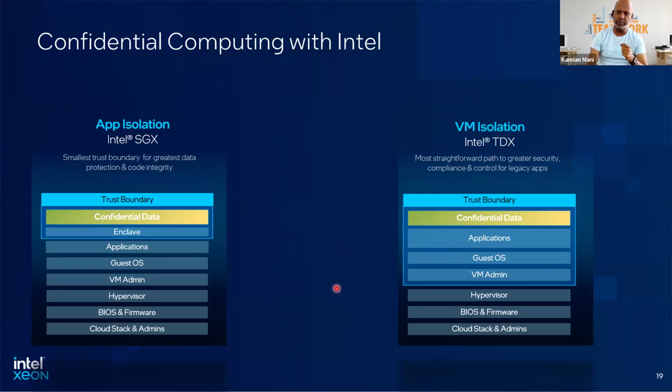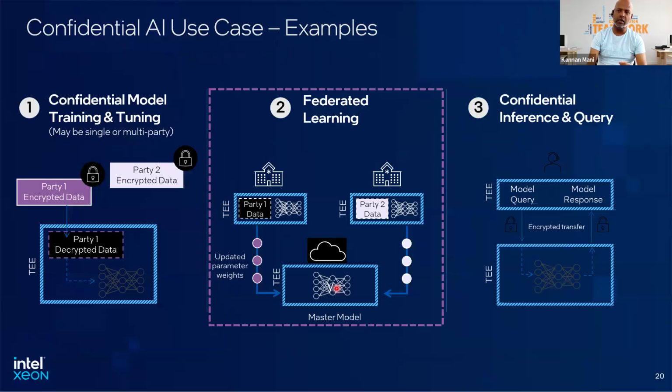Okay, there are some use cases we did, especially showcasing the TDX technology. Beyond confidential computing, there is also a term called confidential AI. So you're running with confidential data, or confidential data has been analyzed or utilized in those AI models. How are you going to protect that?